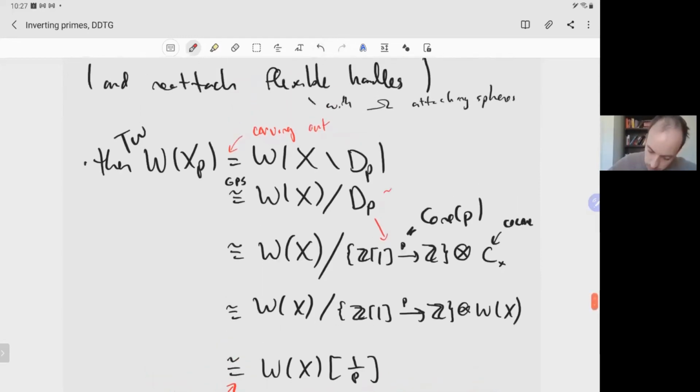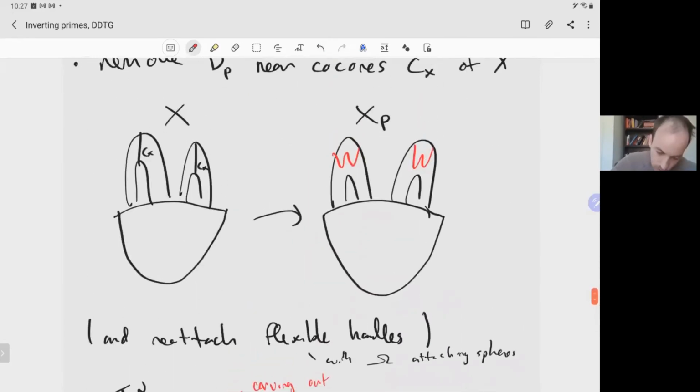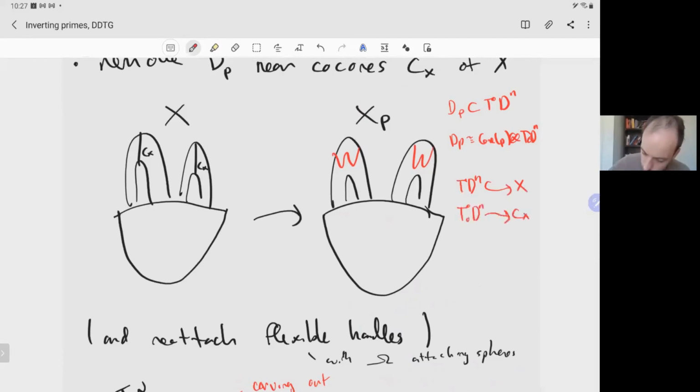Well, remember this D_P disk? It was in a cotangent bundle of a disk, and there it was isomorphic to this cone of P tensor the cotangent fiber. But then when you embed T*D^n into X, there's a way of embedding so that the fiber goes to the cocore.